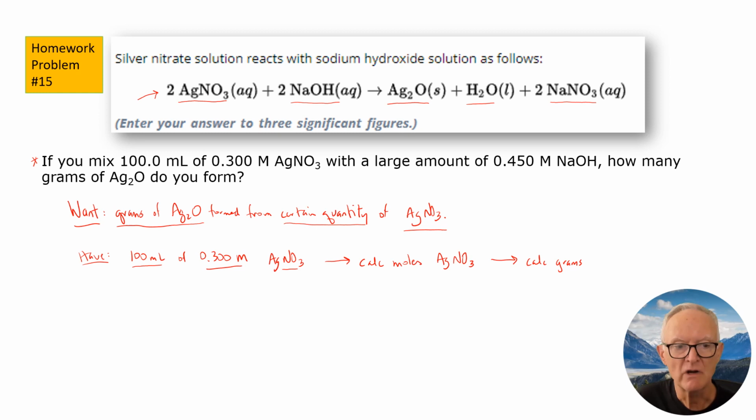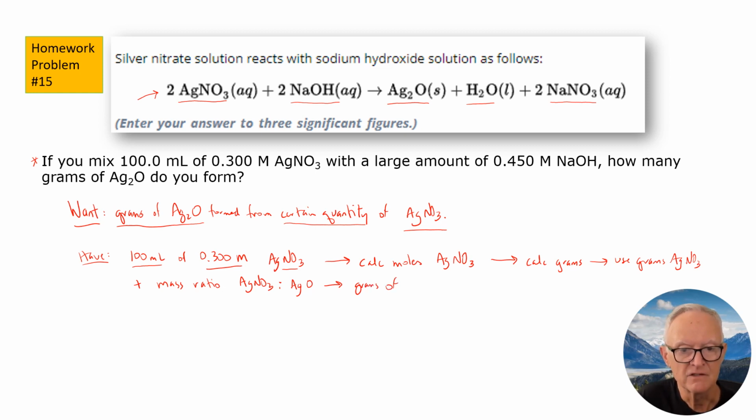And then we can use the grams of silver nitrate plus the mass ratio of silver nitrate to silver oxide, and that will give us the grams of silver oxide that you can make from this number of grams of silver nitrate.